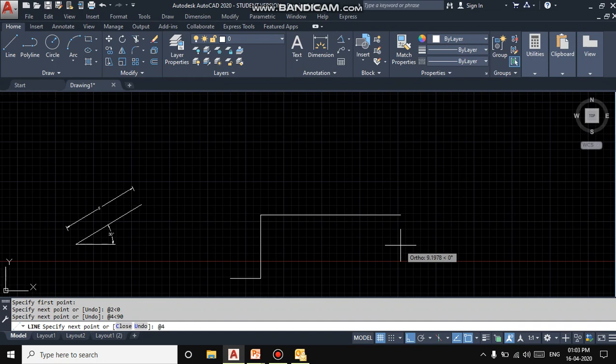So 4 angle 0. Now again it is going down 4 units. Down means 270 degree, or else you can give it as minus 90. Either you can give it as 270 or as minus 90.